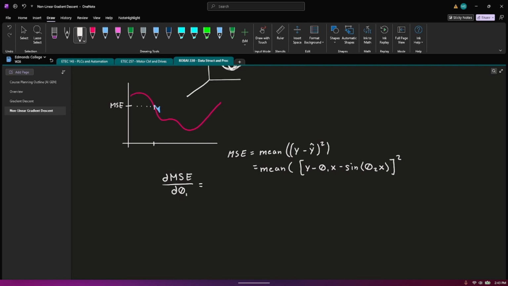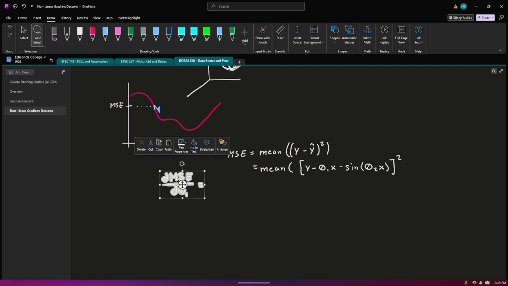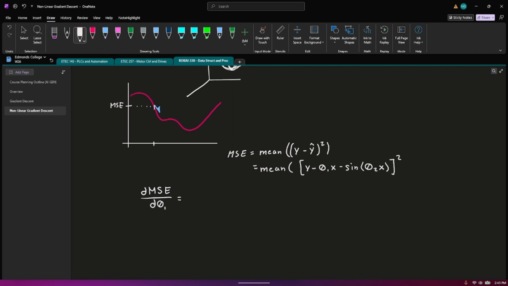So we want to take the derivative of this with theta 1 as our variable. The first thing we notice is the chain rule is applicable here. We've got our squared up here at the top. So we can rewrite this as the derivative of some function of some other function, where g of x is the thing inside of the parentheses and f is this entire outer thing.